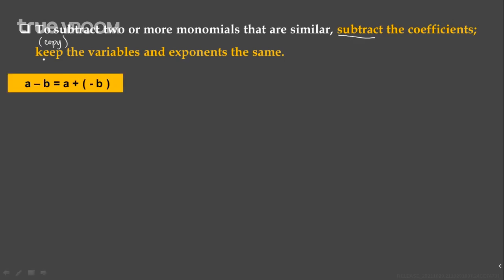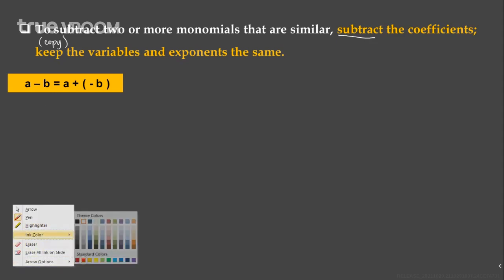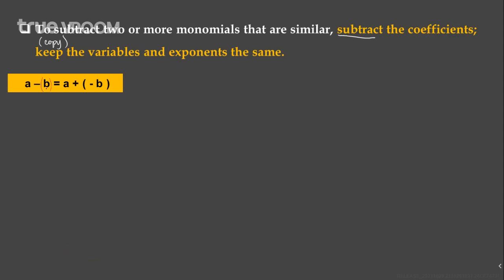So we have here some rules. If you have two positive numbers to be subtracted, A minus B, the rule is you need to change the subtraction sign to plus, and change the sign of the subtrahend. So positive B will become negative B, and then you change minus to plus.